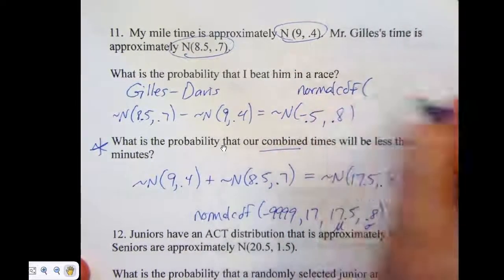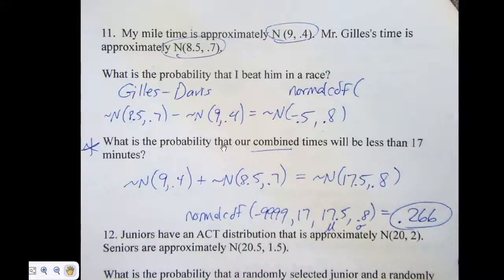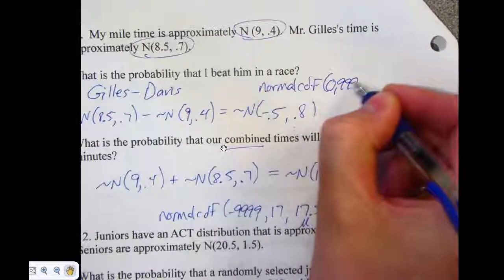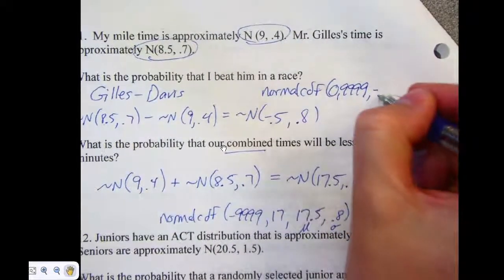And again, if Davis wins the race, when I subtract, do I get a positive or negative number? Positive. What are positive numbers? Between what and what? 0 and 99999. What's the mean? Negative 0.5.